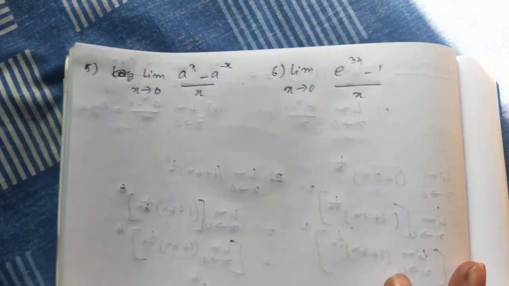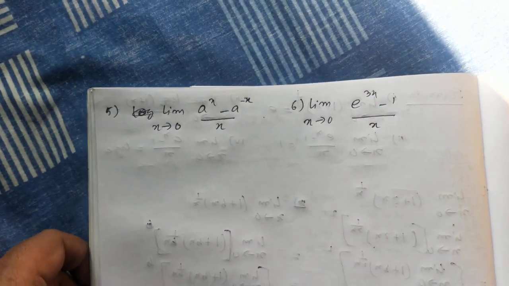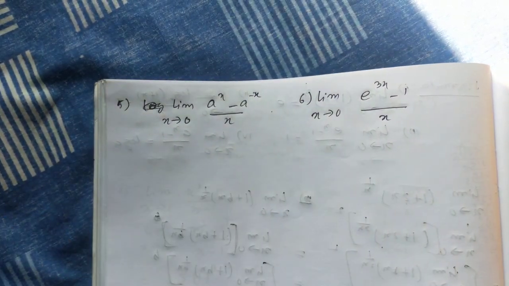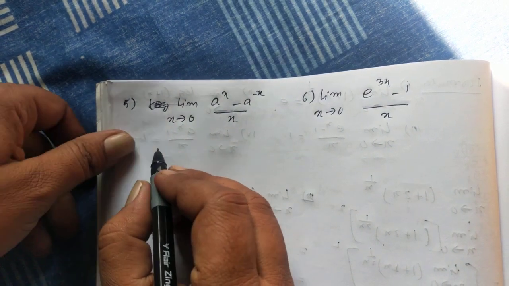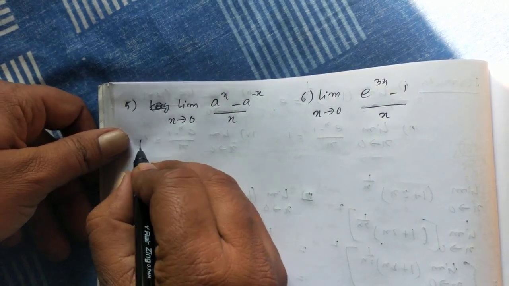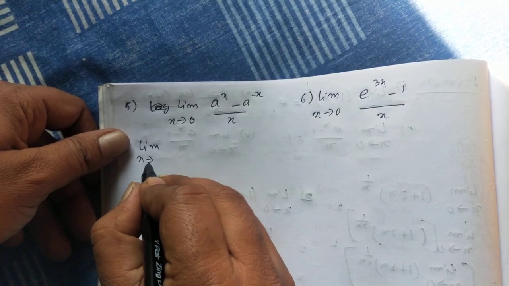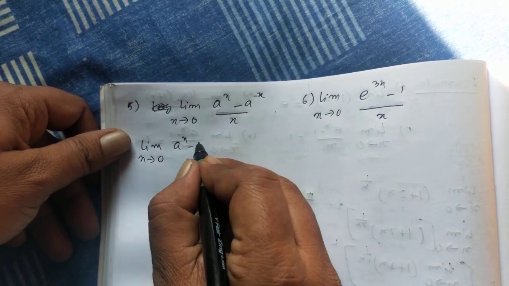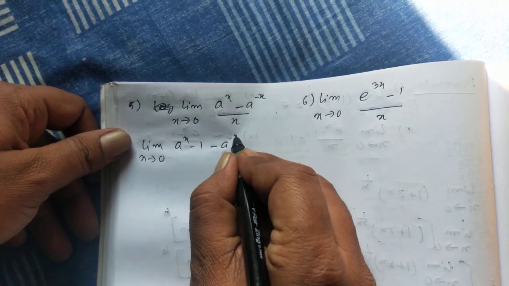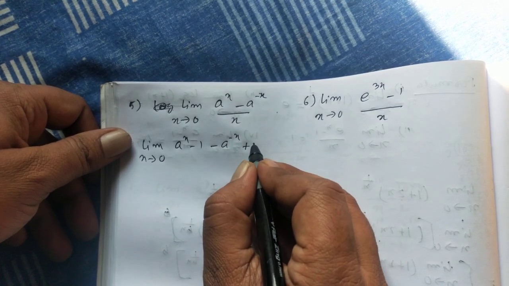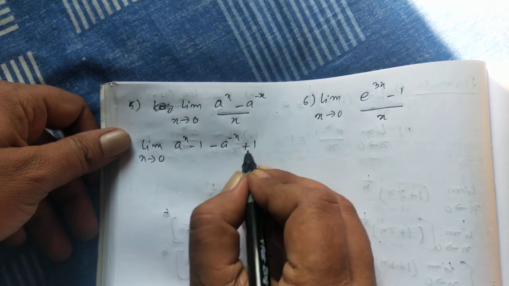Let's do the next question. Same only. Limit x tends to 0, a^x minus 1, I will write plus 1.